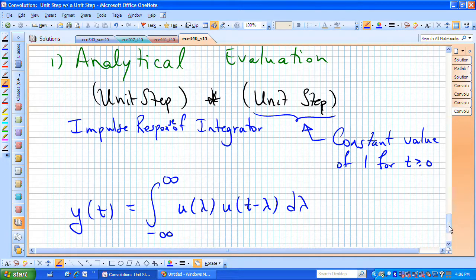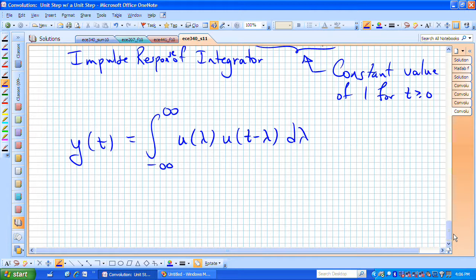What we want to do is recognize what the unit step does relative to its argument and use that to our benefit to evaluate this integral. The first thing we can do is look at this piece. This is really just a switch, a waveform that's either 0 or 1, and it's switching when the argument lambda is 0.